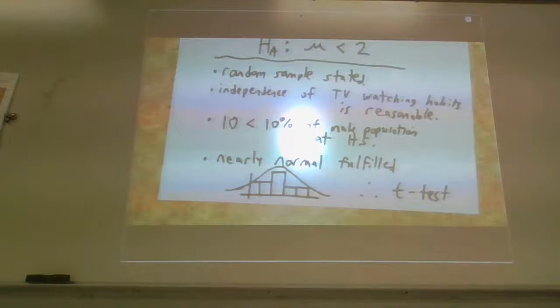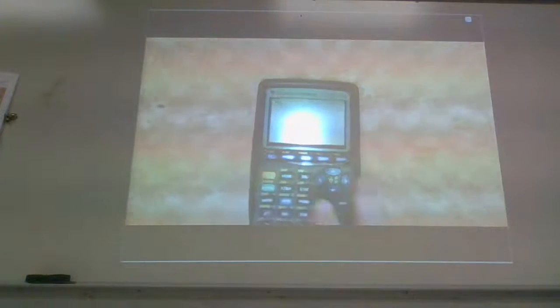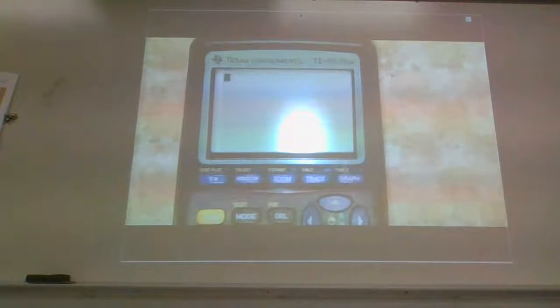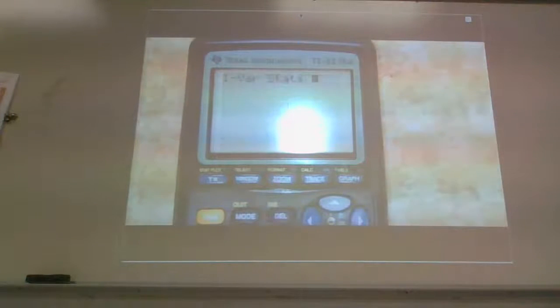So I'm going to go to my calculator. I'm going to go over to t-test. Now, there's a couple ways you can go about this. With t-testing, you're going to need X bar. With t-testing, you're going to need the sample standard deviation. So on my calculator, I am going to have to run a 1var stats.